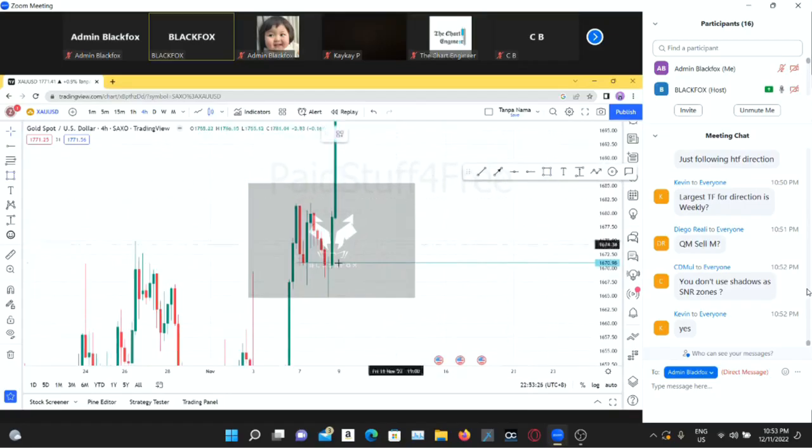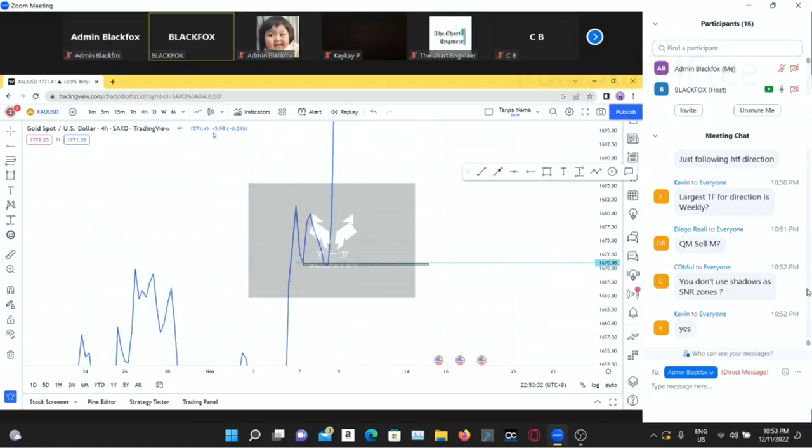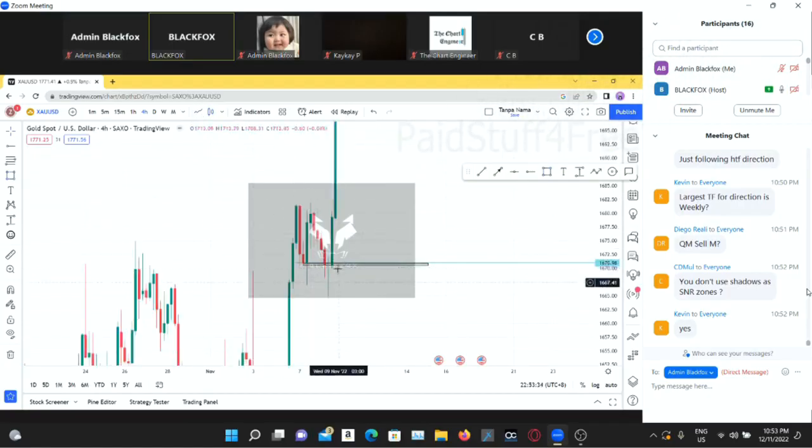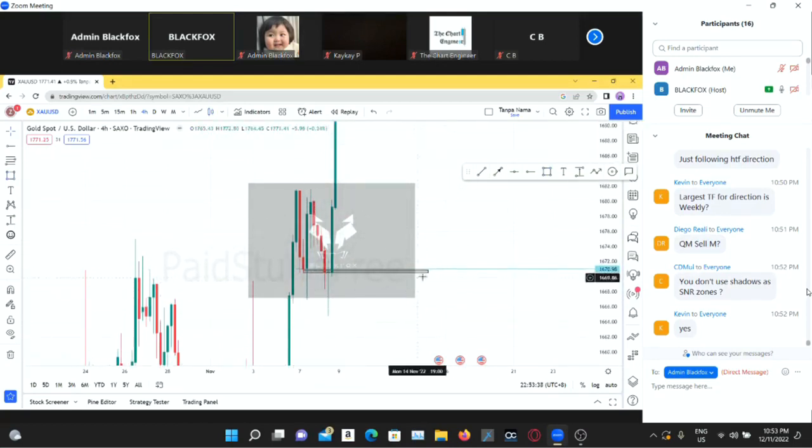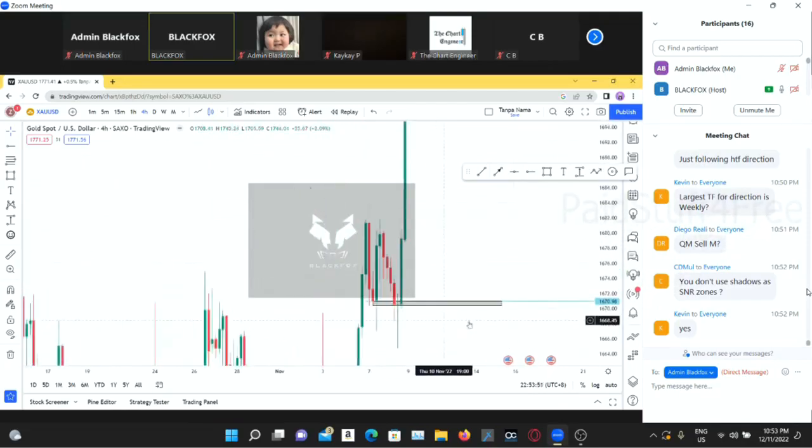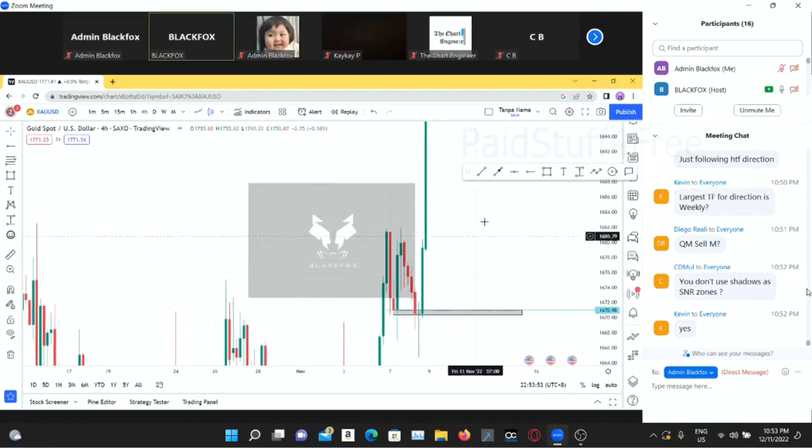Then the zone for SNR H4 is just like this, because this one is the support, right? This is the zone. So the price does not break this zone, and the price rejects and closes inside this zone, so I still use it. Is it clear?